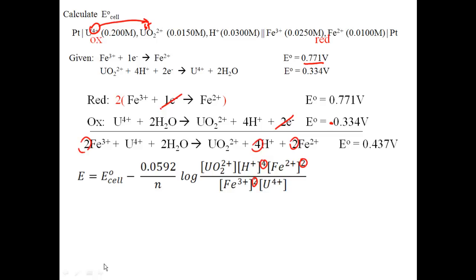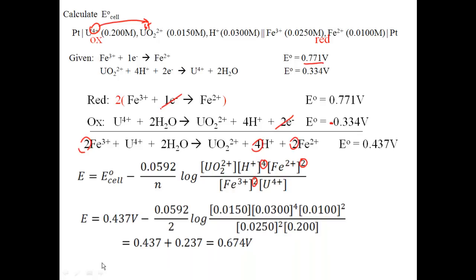So I need to plug in my values. My E naught of the cell, my standard cell potential, is 0.437 volts minus 0.0592. Well, n is my number of electrons, which in the balanced equation was 2, so that's 2 again. Log of the concentration of my UO2 plus, which was 0.150. The concentration of the H plus is 0.03, that's to the 4th power.